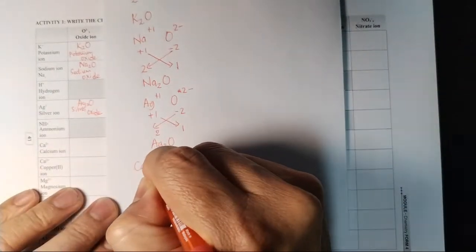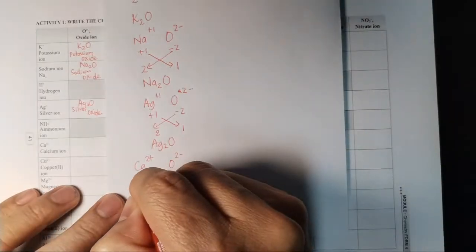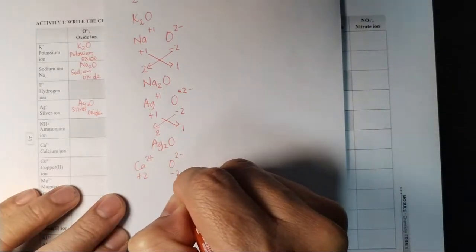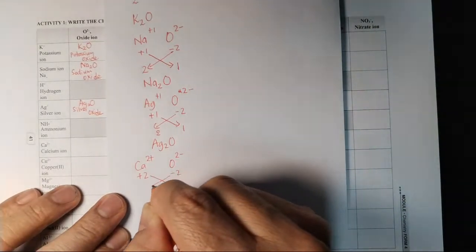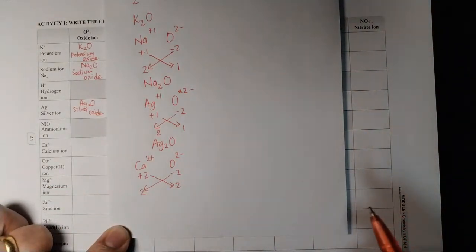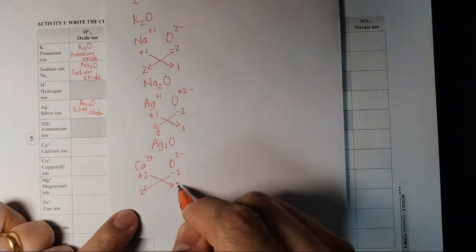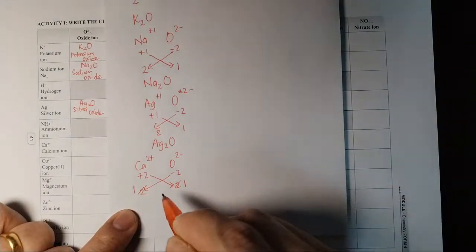Okay, next is calcium oxide. Calcium, then oxide. So we take down the numbers here and interchange it. 2, this one 2. So in this case, because the numbers are the same, we have to simplify it. Make the simplest number.